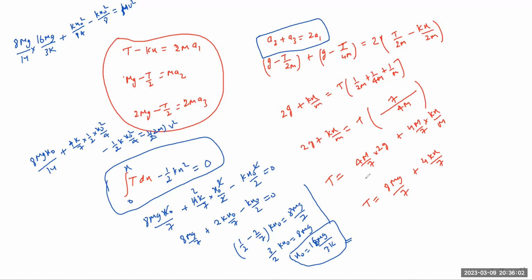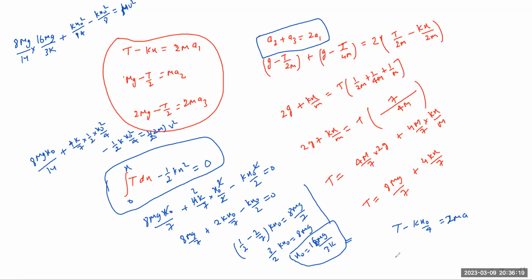C you can easily get, right? See the acceleration when the extension is x naught by 4, the magnitude of acceleration of the block. So T minus k x naught by 4 equals 2 into a.